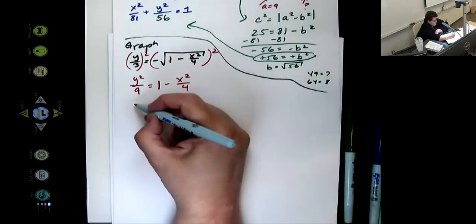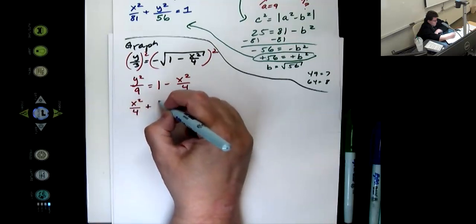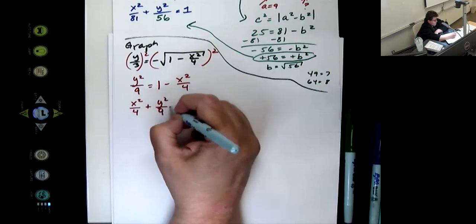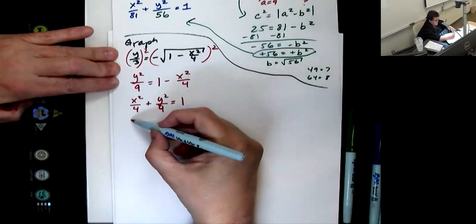If I add x squared over 4 to the other side, I have x squared over 4 plus y squared over 9 equals 1. And this looks like an ellipse.